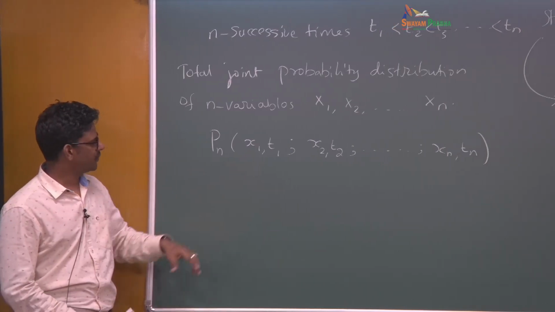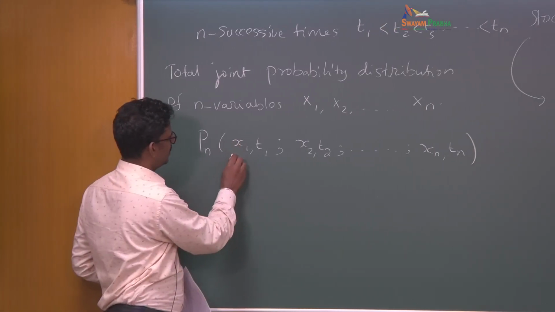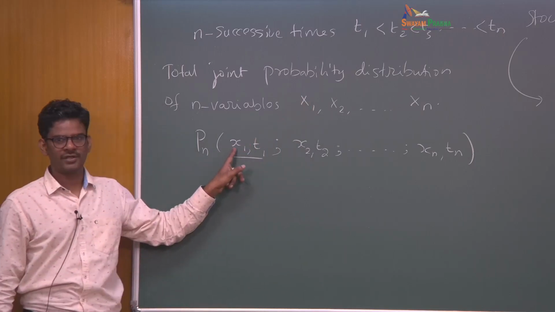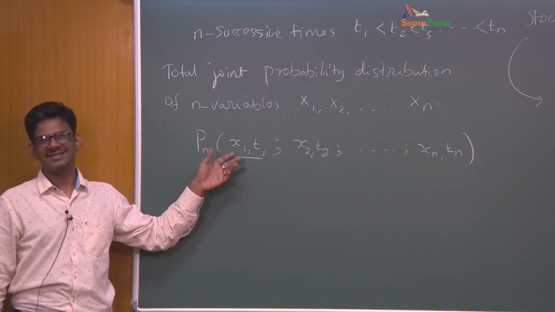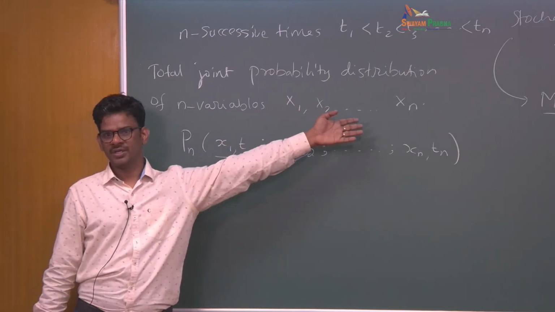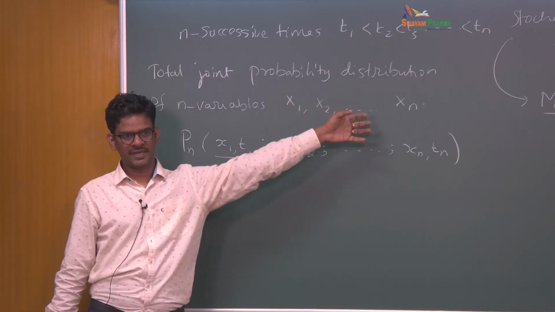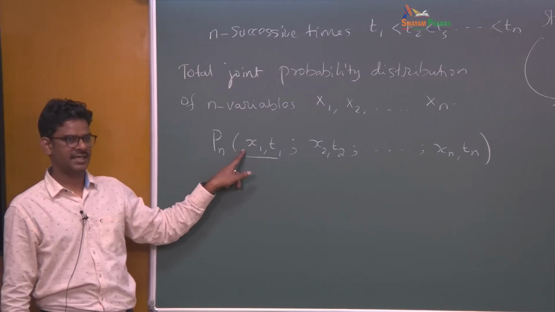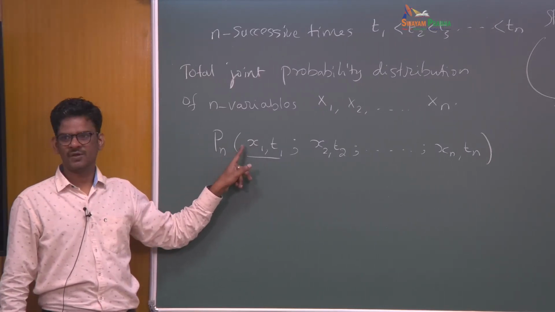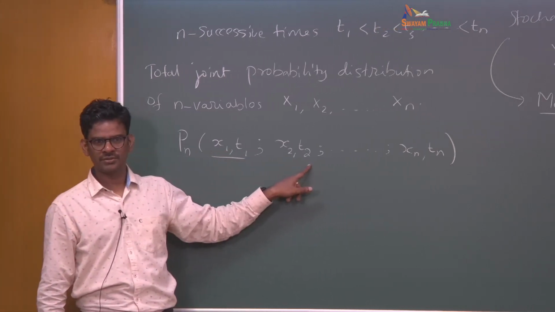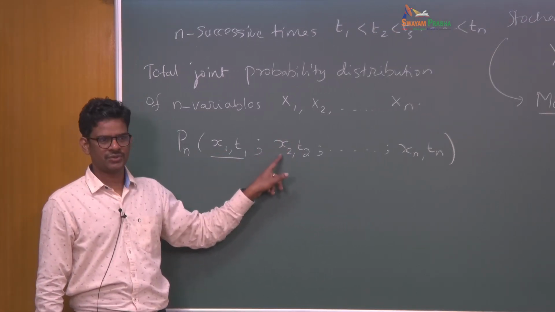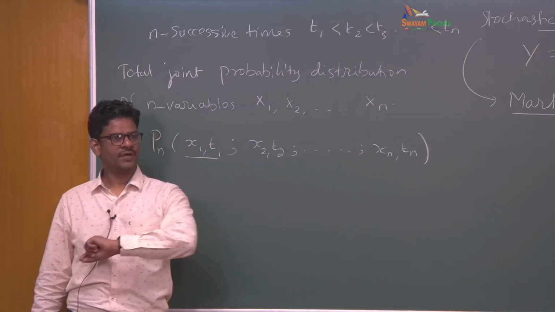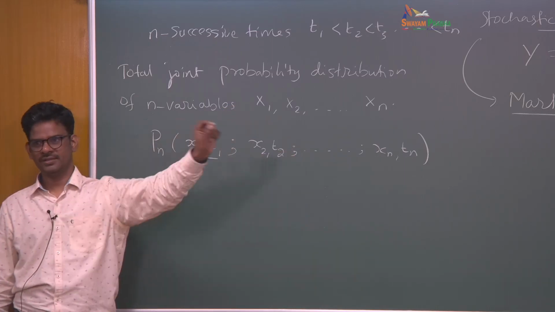The way I write it, x1 comma t1 says the value of the random variable x1 is taking a numerical value x1. So the small x1 means the realization. Capital X denotes random variables, which can take a set of possible values. So here at time t1, what is the probability that the system will be found at a numerical value x1, and at another time t2, what would be its value x2, and so on, all the way up to n. This basically tells you the probability of a trajectory from time t1 to tn.